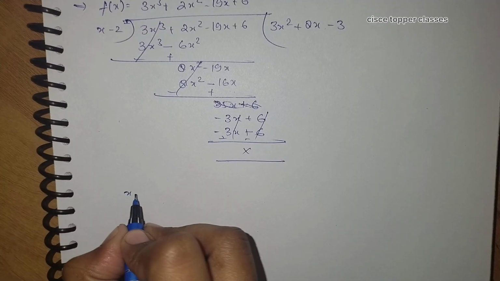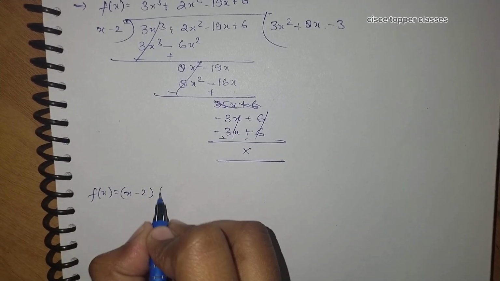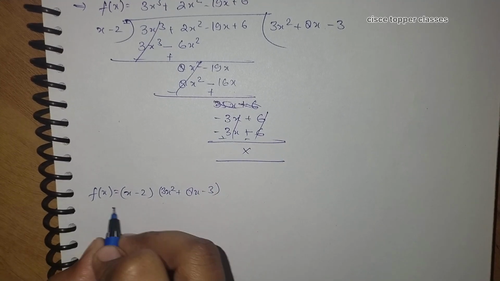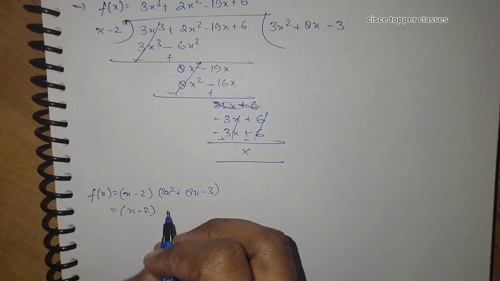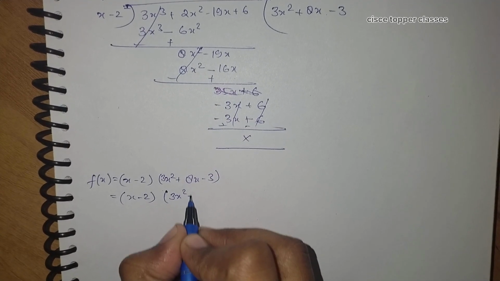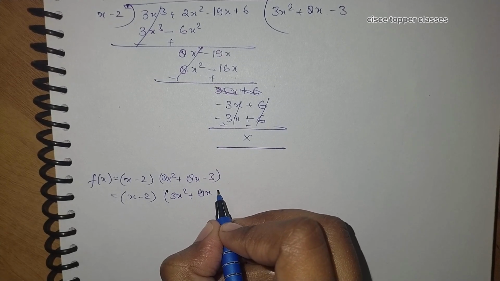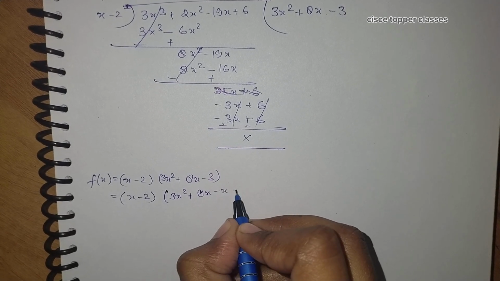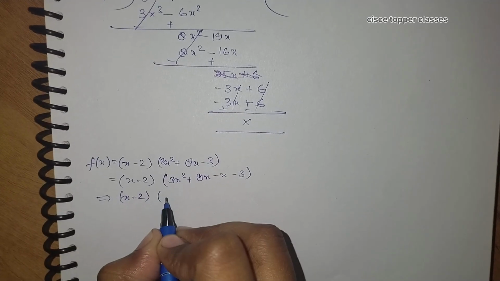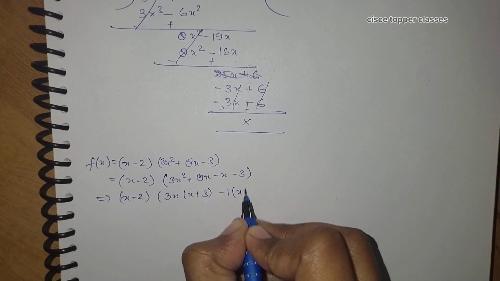Factorizing this, f(x) will become x minus 2 into the quotient 3x squared plus 8x minus 3. Then 3x squared plus 9x minus x minus 3, and factorizing it by the quadratic method, taking 3x as common, it will become x plus 3, minus 1 is common, again x plus 3.